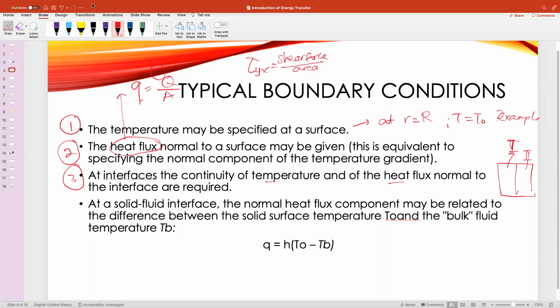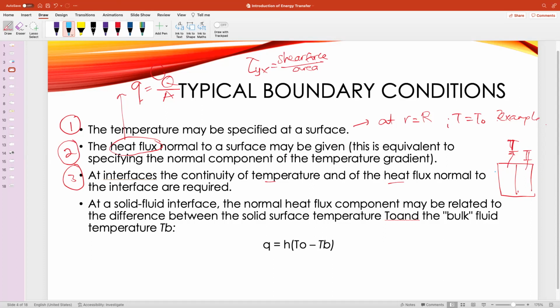So maybe the temperature profile would look like that, continuous.